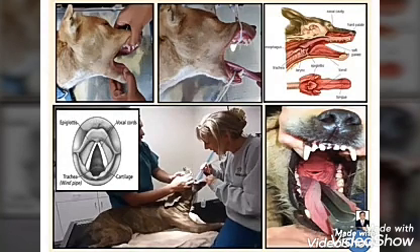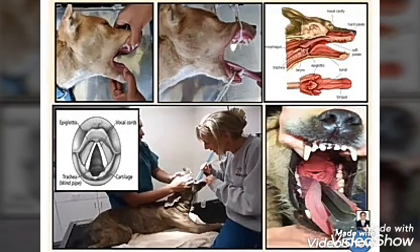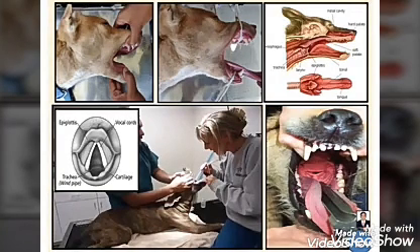And finally, ensure that the tube enters the trachea and not the esophagus. This anatomy is helpful for the position of the trachea and the position of the esophagus.